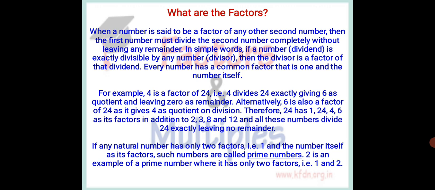Alternatively, what can we say? 6 is also a factor of 24. Why? If we divide 24 by 6, we will get 4 as a quotient without leaving any remainder.